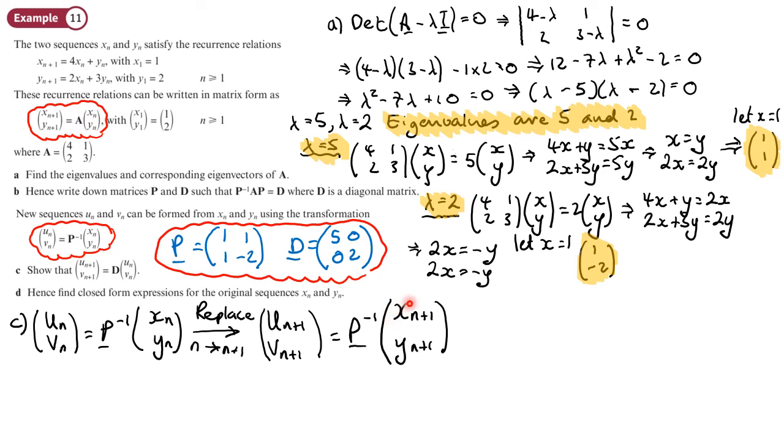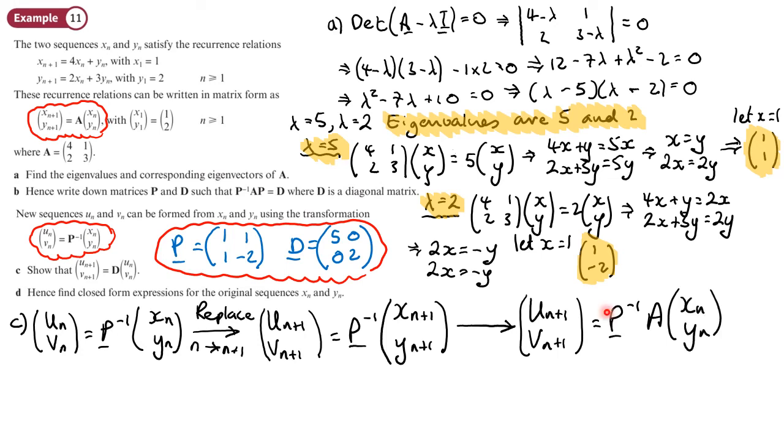So what that means is I can substitute this here for A, xn, yn. So let's do that. So I'll have un plus 1, vn plus 1 is equal to P inverse, and then A, so this is a substitution, xn, yn.